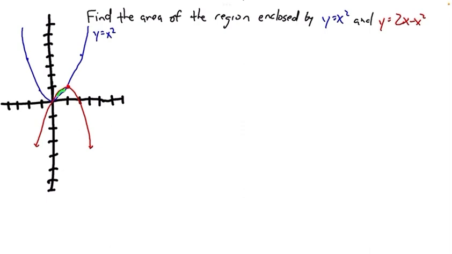So what we do, we want to set these equal to each other to find our boundaries. So let's set x squared is equal to 2x minus x squared. Now, when we get everything on one side of the equation, I'm going to show every step.